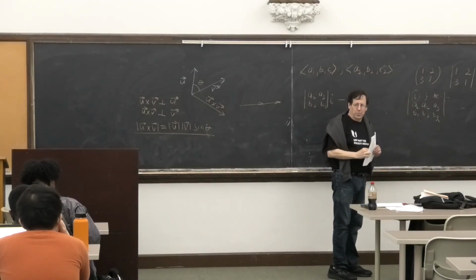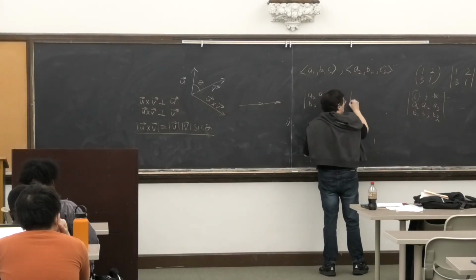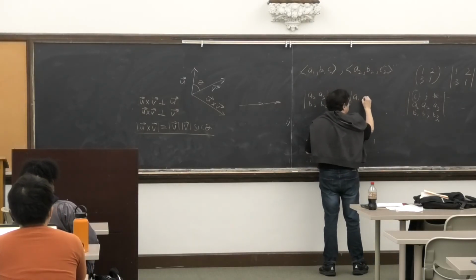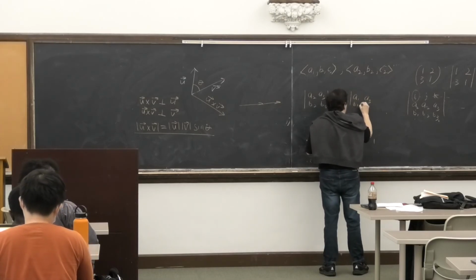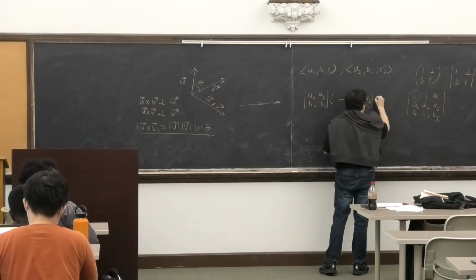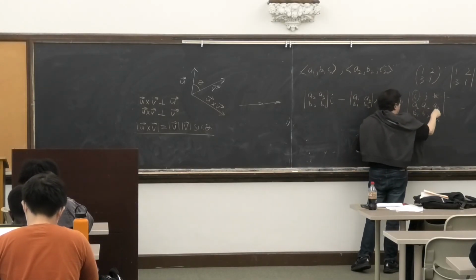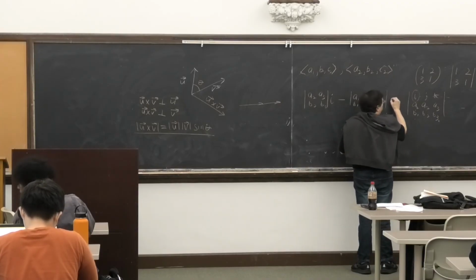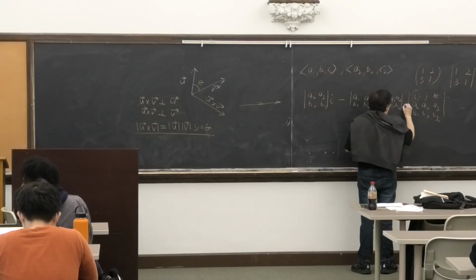Needless to say, this won't be on the exam, right? A1, A3, B1, B3 times j, and then plus the minor of k here, which is A1, A2, B1, B2 times k.